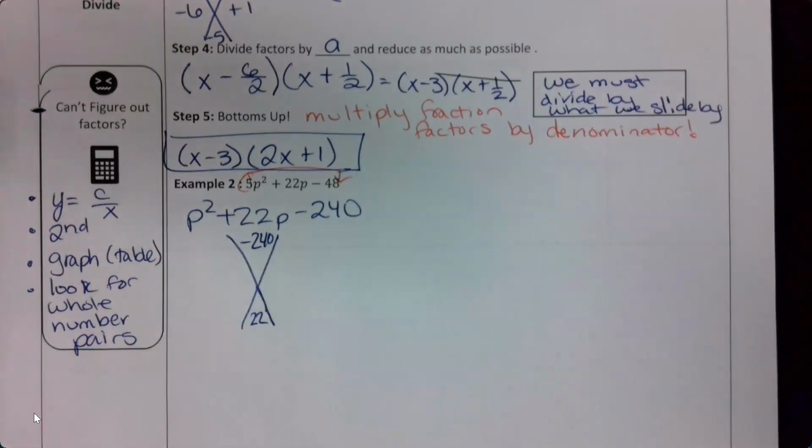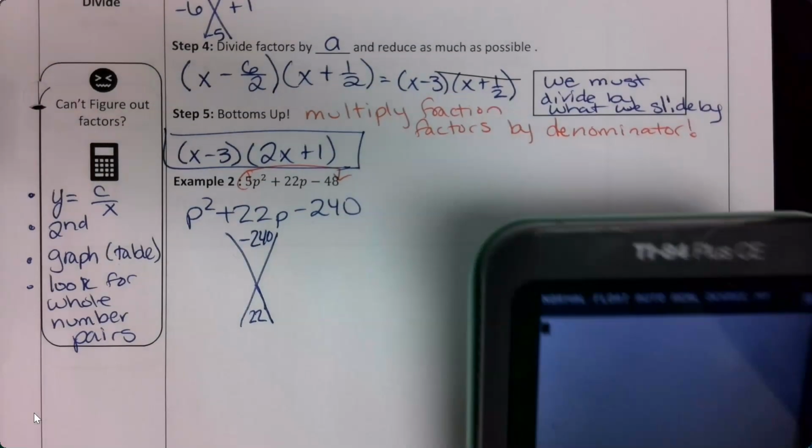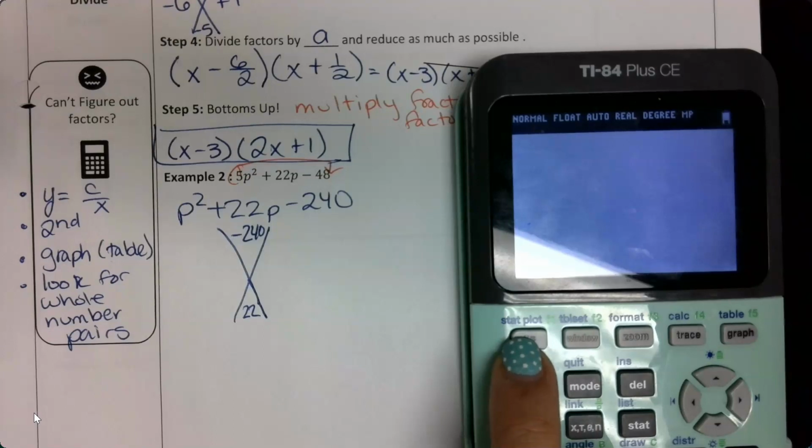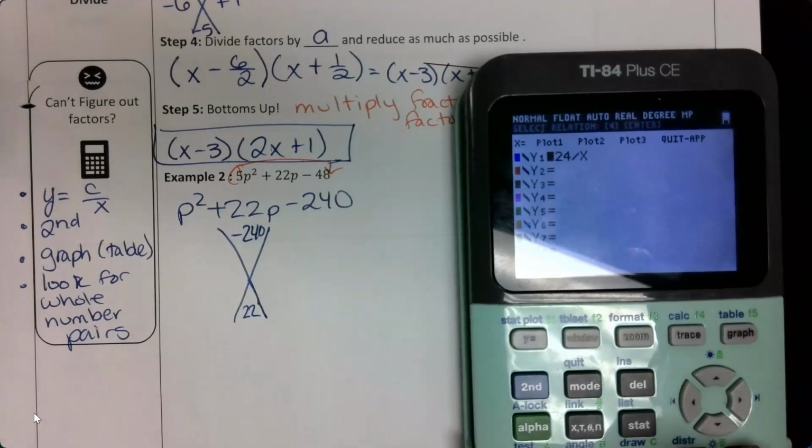I do not know these numbers. So what I'm going to do is what I wrote on the side. On my calculator, I'm going to go to y equals, which is the top left button. Then I type in my c value, which is actually negative 240 divided by x.